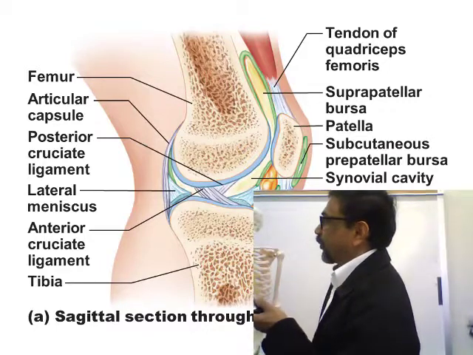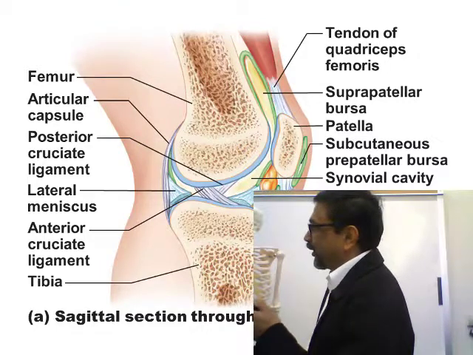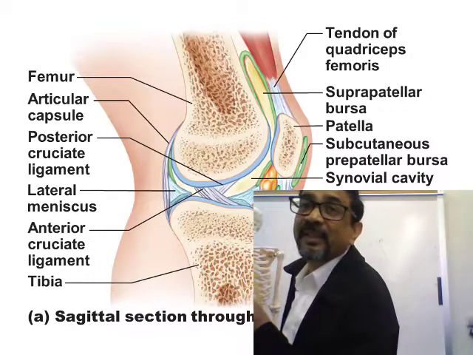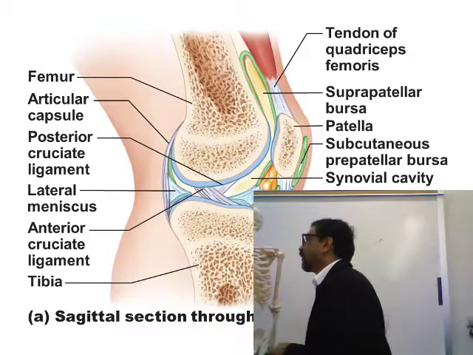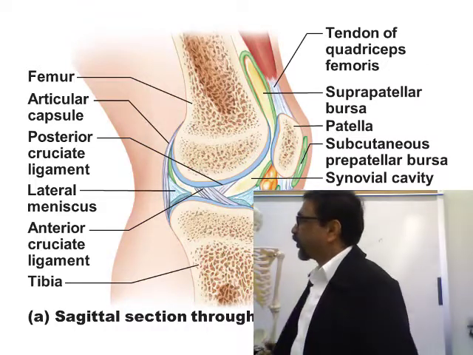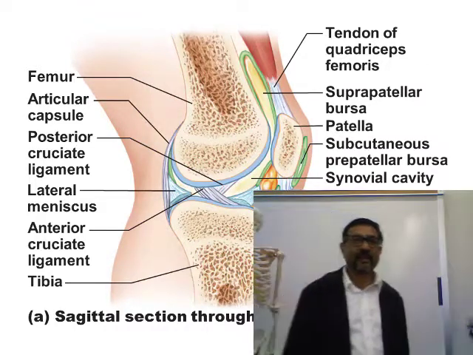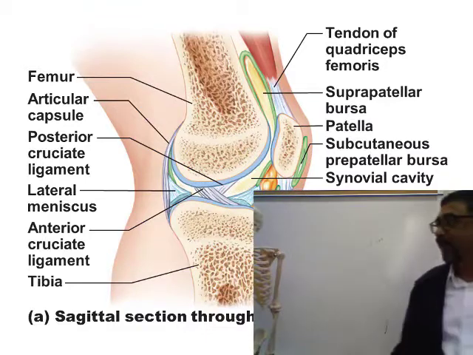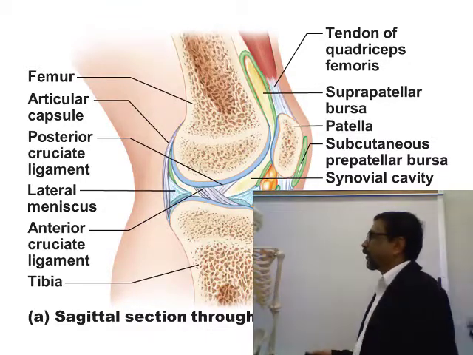Now, inside the joint, you have cruciate ligaments. Okay, so anterior and posterior cruciate ligaments are present inside the joint.